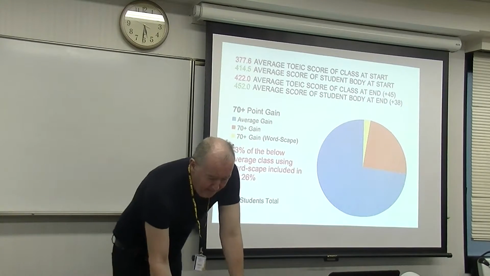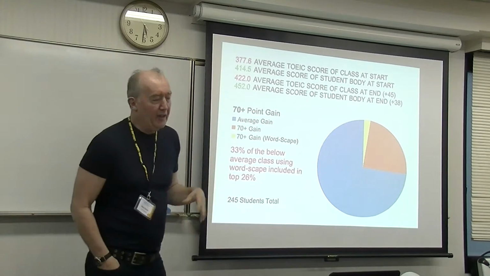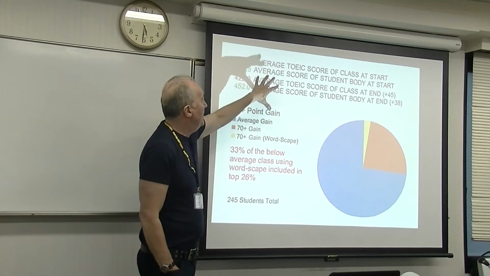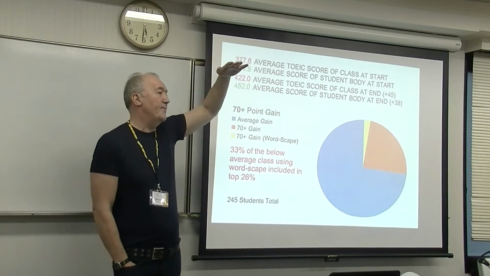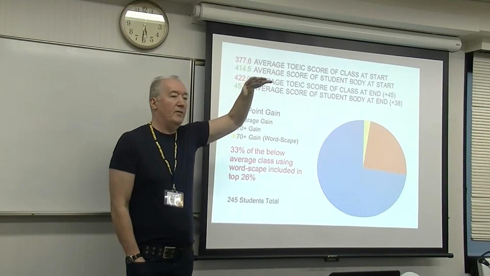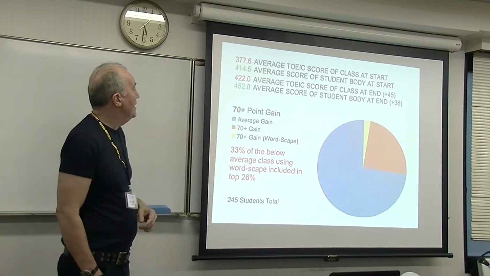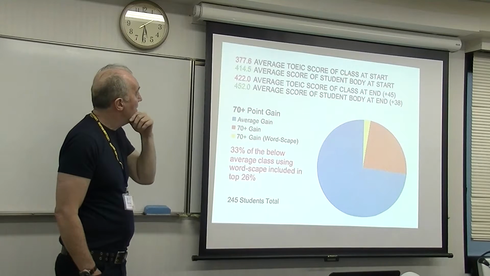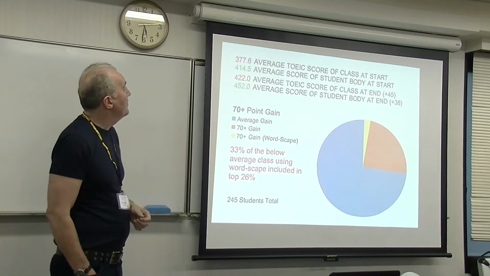Anyway, there's only like 25 students, and this is based on the Bunko class, because the Waseda class was very high level to start with, so it wasn't really possible to get a clear impression of what the difference would have been.